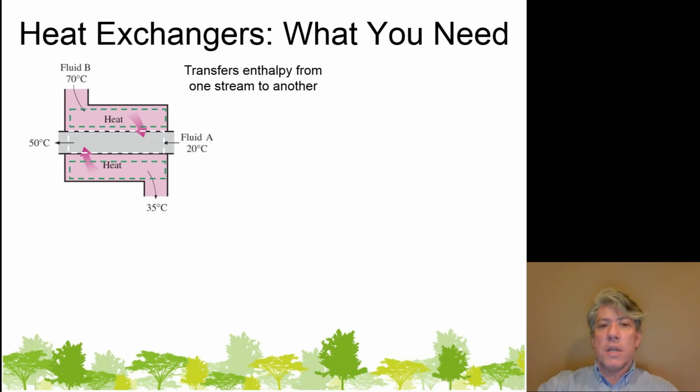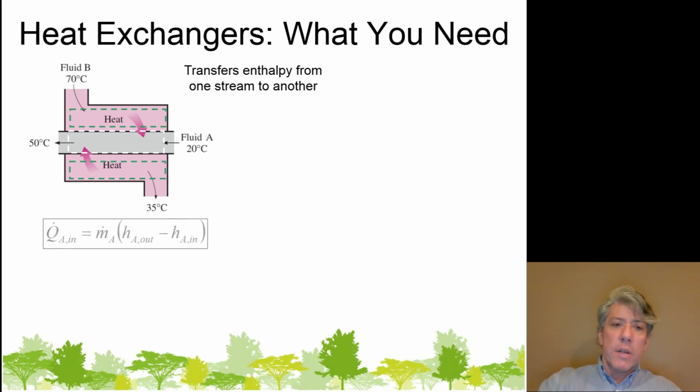Certainly you can see that there's heat flow from the hot stream, fluid B, to the cold stream, fluid A. So we could write an energy balance for, let's say, stream A, because we know that stream A comes in with less energy and leaves with more, and most of the energy that it gains is certainly enthalpy, right? Flow energy and internal energy.